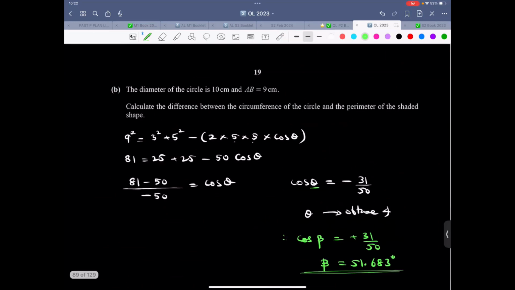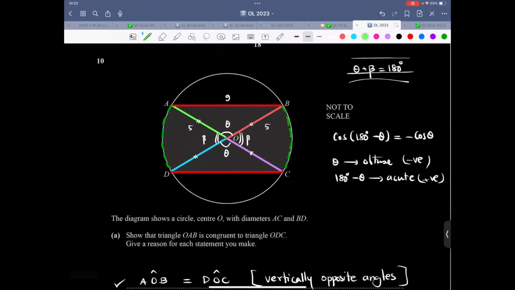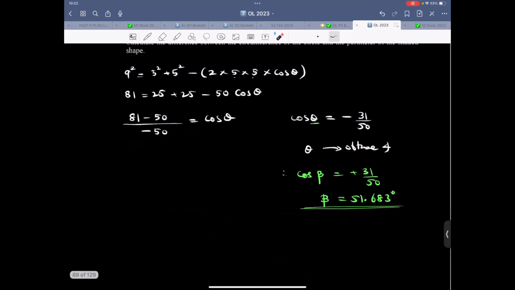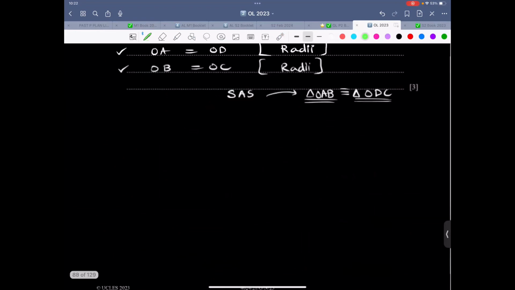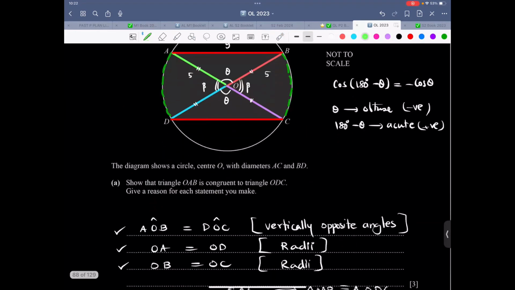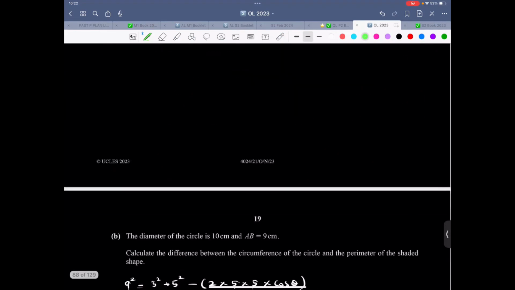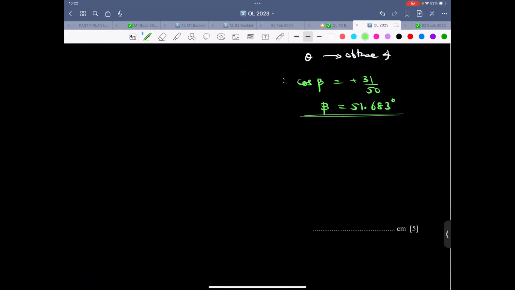Now, what should we do? We should calculate the arc length based upon this angle and this radius. This arc length and this arc length will be the same, and then we'll add it to 9 and 9. The arc length that I need to look at is BD.